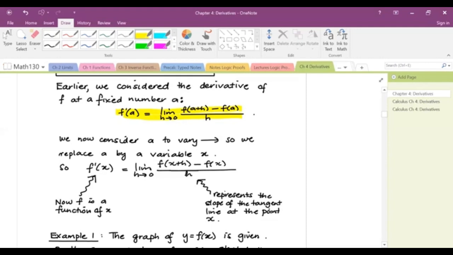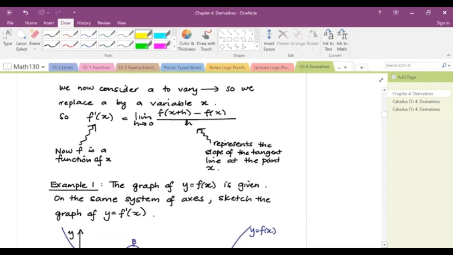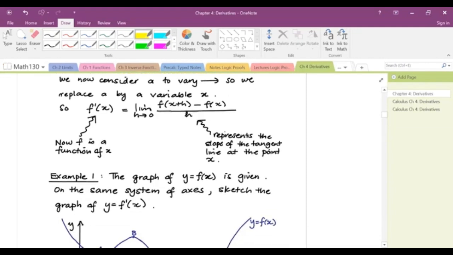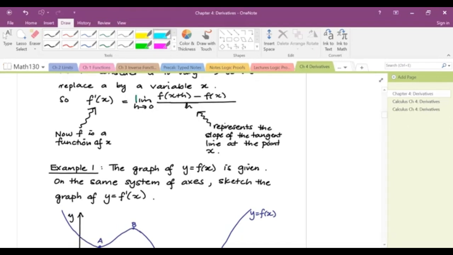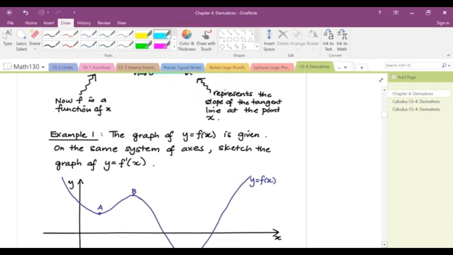And we also looked at allowing a to vary. So we find the derivative as a function of x. And on the right-hand side, this represents the slope of the tangent line at a point x. So that slope will obviously change depending on the value of x that we are looking at.